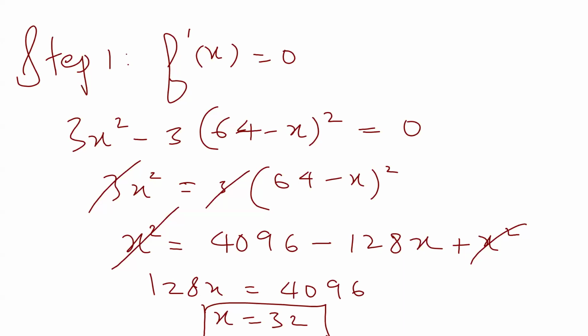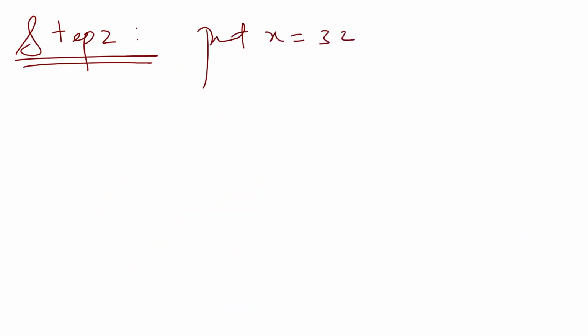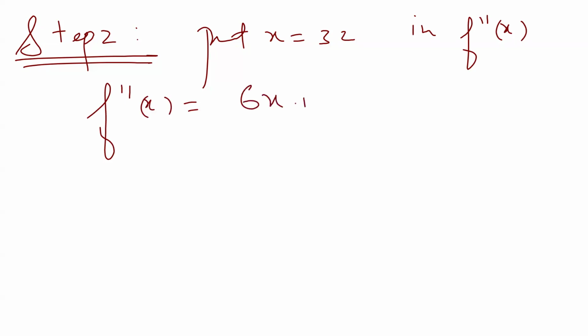Okay, so step number 2 is put x is equal to 32 in f double dash x. Now f double dash x we have calculated. See, I'll just write down the value. 6x plus 6 into 64 minus x.